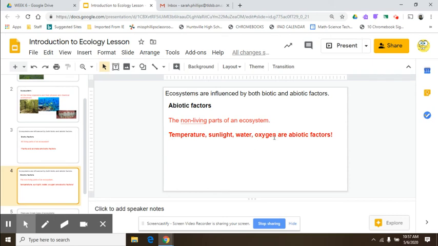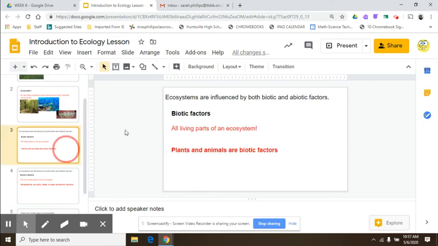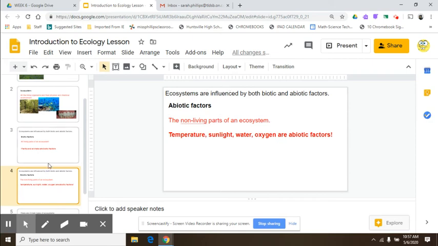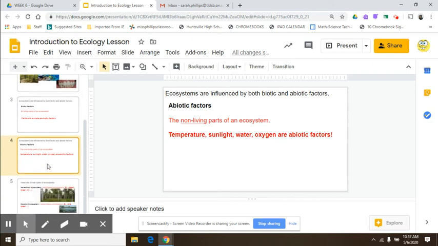So those four main things are all considered abiotic factors because they were never living. A rock is also an example of an abiotic factor because it was never living. It's just a rock. All right, so biotic factor, living, abiotic factor, non-living. So those are the two key things to remember for what you're doing today, this week.